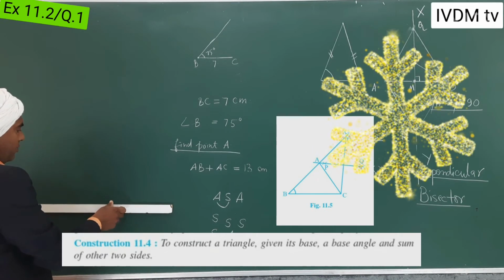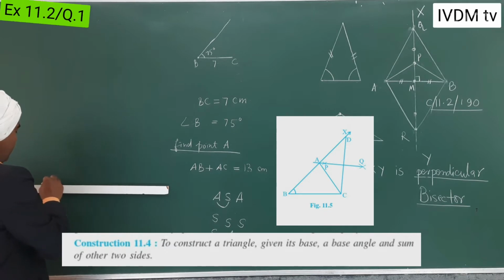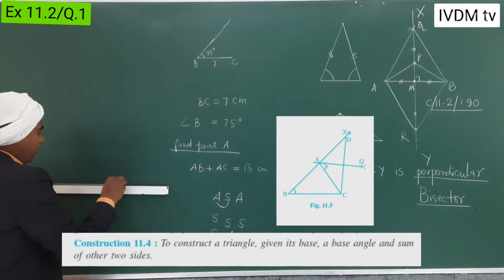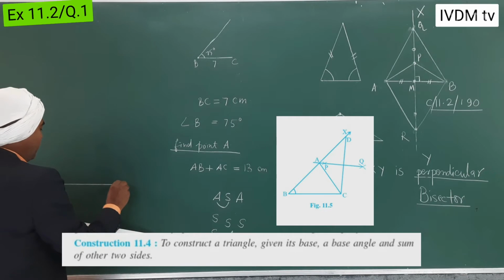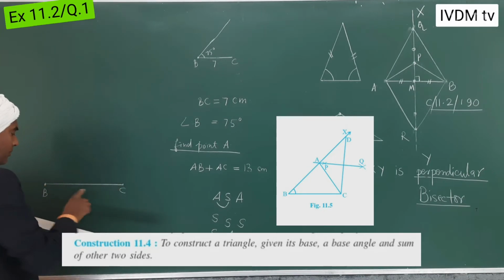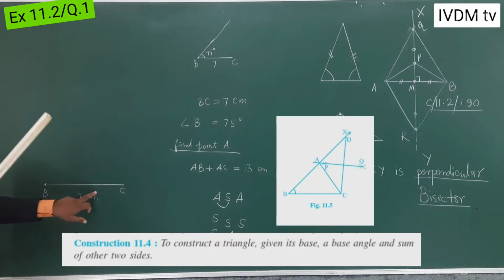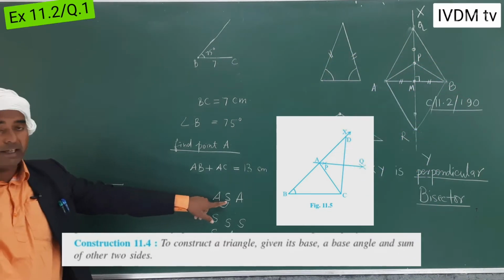So draw BC equal to 7 centimeter. Suppose this is 7 centimeter. So the side has been done.